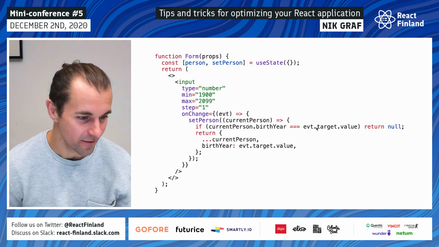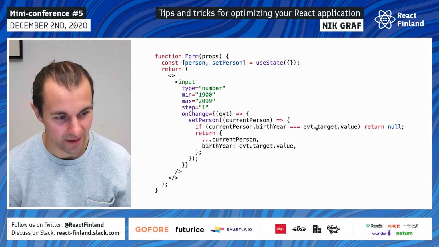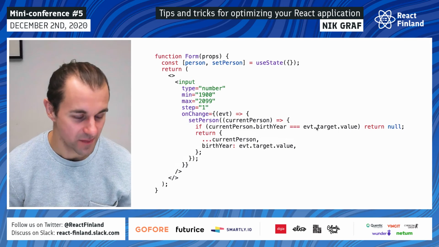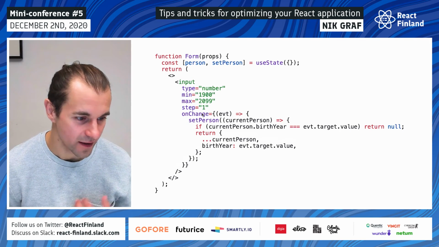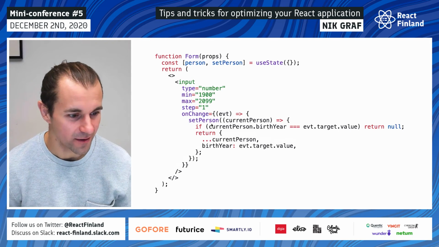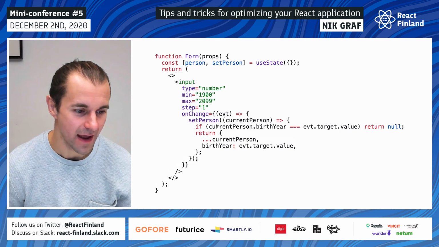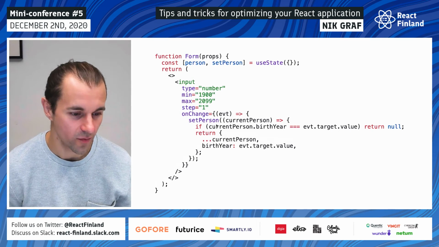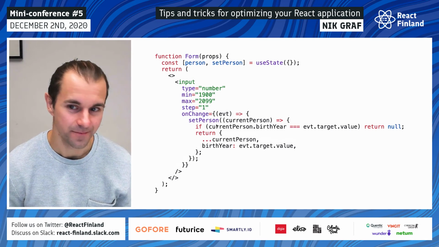This is a very simple thing, but in a couple of cases, especially when you have a lot of changes coming in, like a slider or something like that, this can be very handy to avoid propagating events which are not needed.